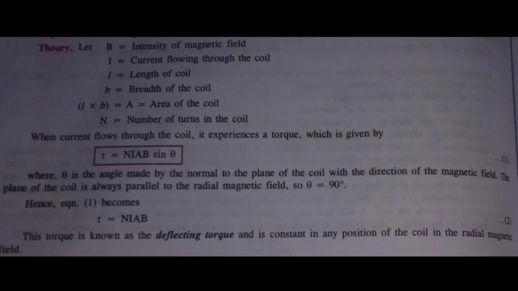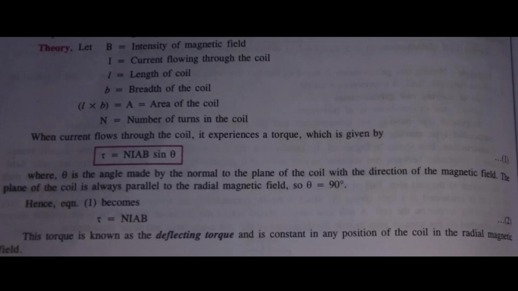So as per the principle, when current flows through the coil, it experiences a torque. So tau is given by NIAB sin theta. So what is theta here? Theta is the angle made by the normal to the plane of the coil with the direction of the magnetic field, and here is the role of the radial magnetic field: it makes the plane of the coil always parallel to the direction of the magnetic field.